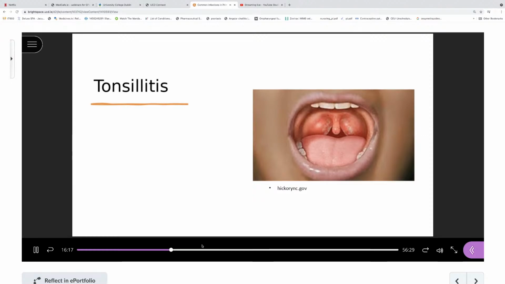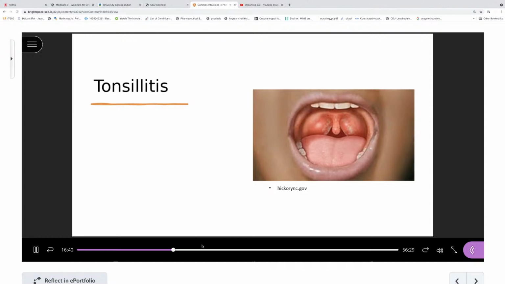So the absence of a cough, the presence of fever, the presence of tender swollen lymph nodes, all of those things make a bacterial cause more likely, whereas if there is coexisting cough and upper respiratory symptoms, no fever, and so on, all of those things make it more likely to be viral.